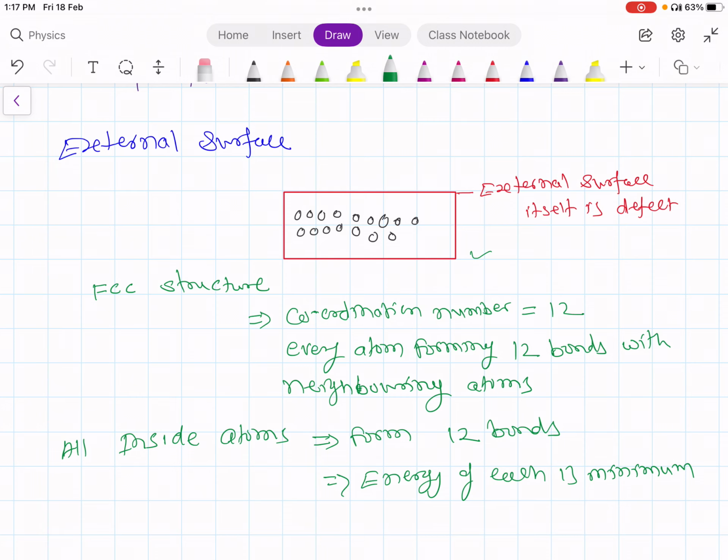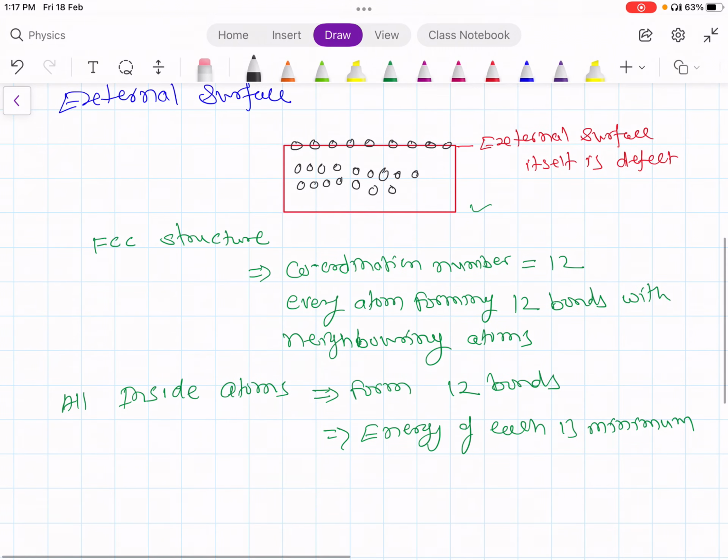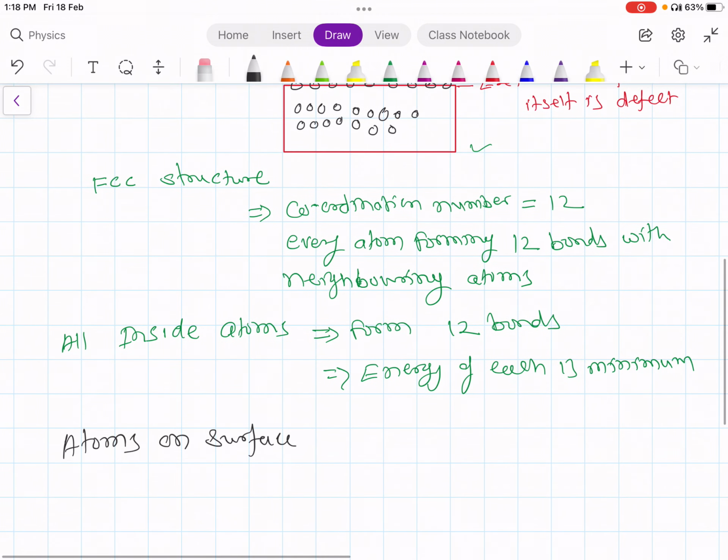Then let us look at atoms which are on the surface. So here are the atoms. These atoms are on the surface.